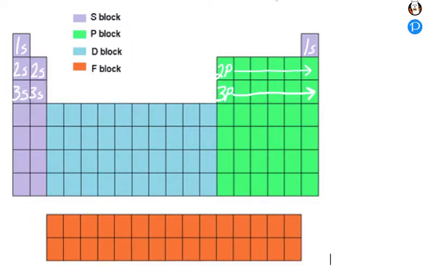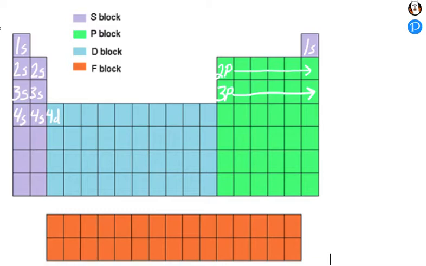Okay? Now, after I get through filling that, and I jump down here and I do the 4s, the 2 electrons in the 4s orbital, and then I get to the d block. Okay? And you might be thinking to yourself, well, why isn't it 4d then, right? We're at the 4th level on the periodic table, so shouldn't it be 4d?